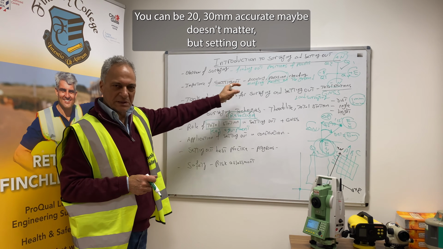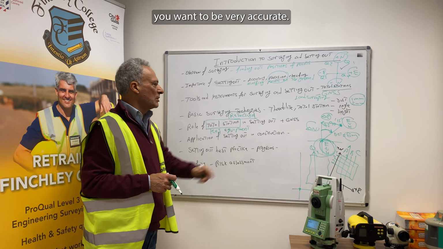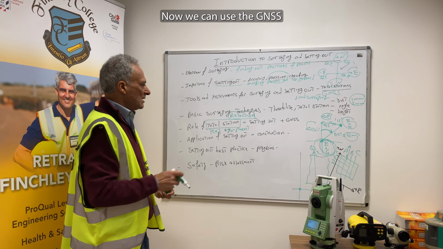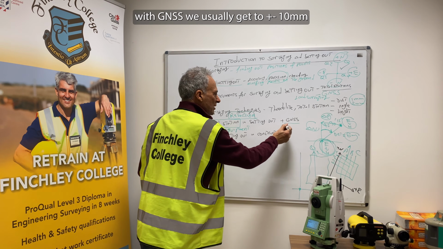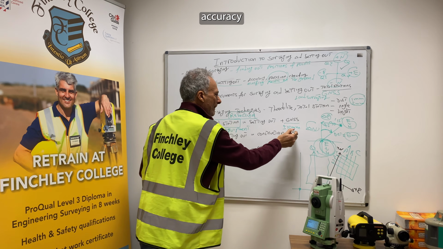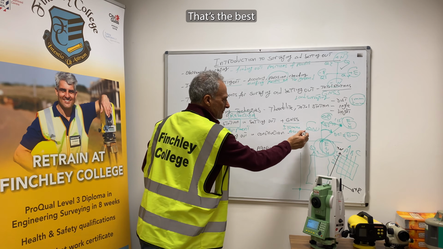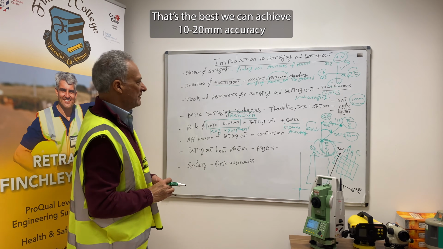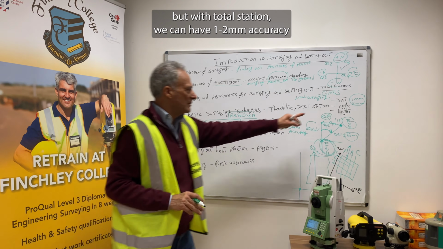It can be 20, 30 mil accurate maybe. But total setting out, you want to be very accurate. Now we can use the GNSS. GNSS, we usually get to plus or minus 10 millimeters accuracy. That's the best we can achieve, 10 to 20 mil accuracy. But with total station, we can have 1 or 2 millimeter accuracy.